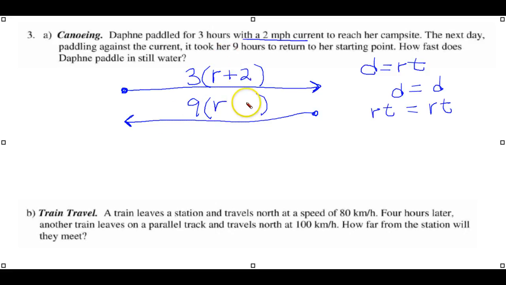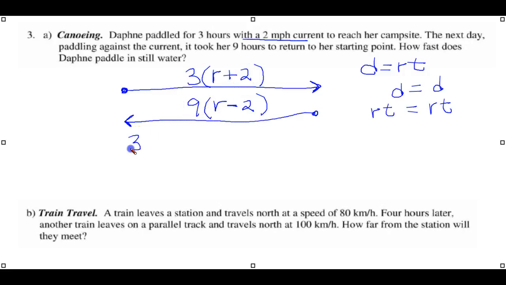Now, returning is going to be against the current, so her rate in still water minus 2, and there's distance. Time times rate. Time times rate.